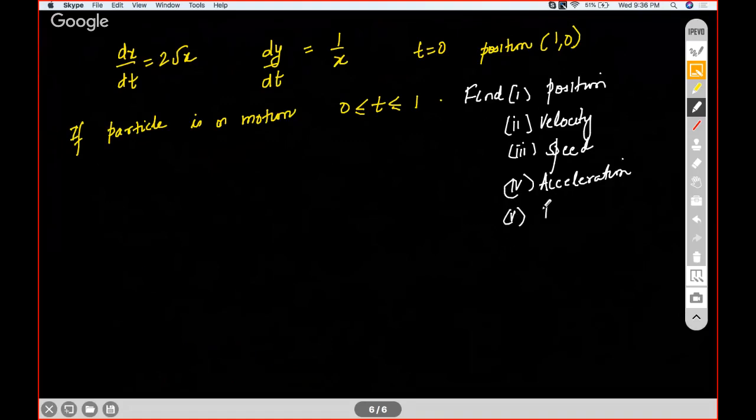Fifth, find its distance traveled. Now all these first four have to be found at t equal to 1, and the last has to be found out for the final, that means in the interval 0 to 1, how much distance it has traveled. Do this.